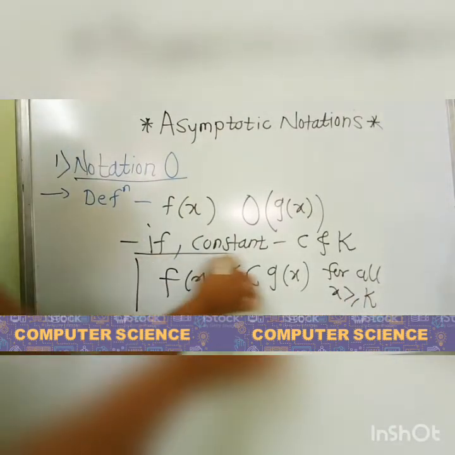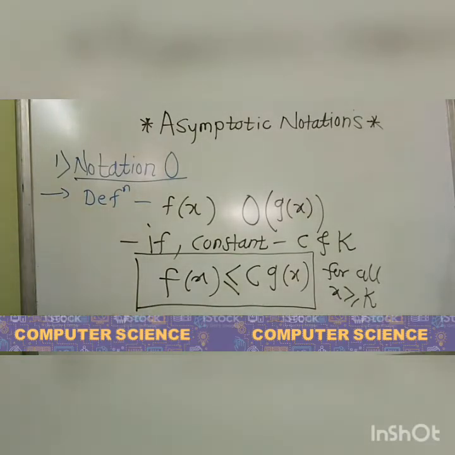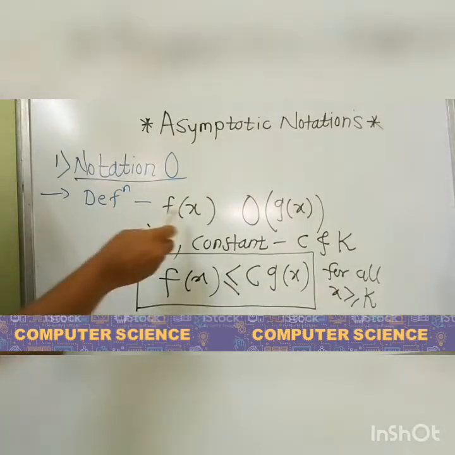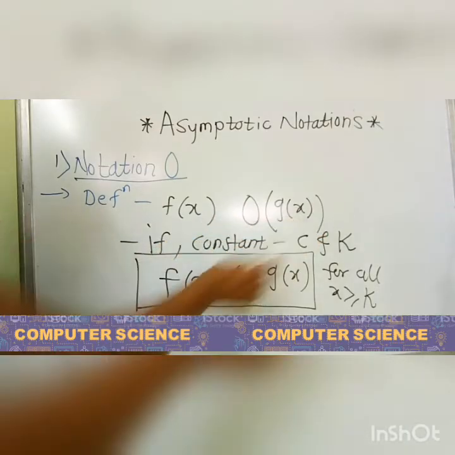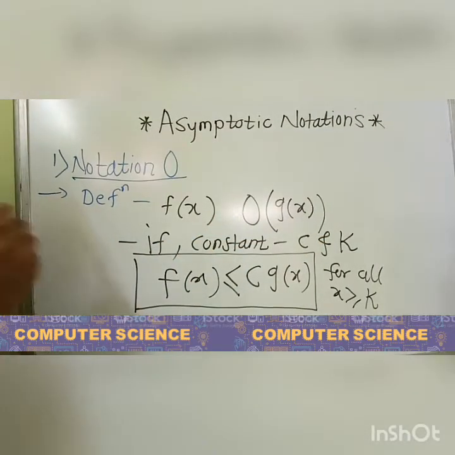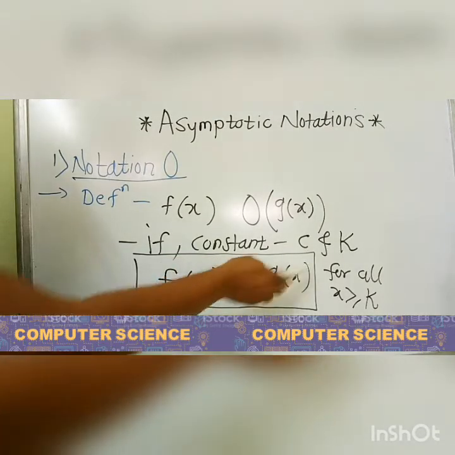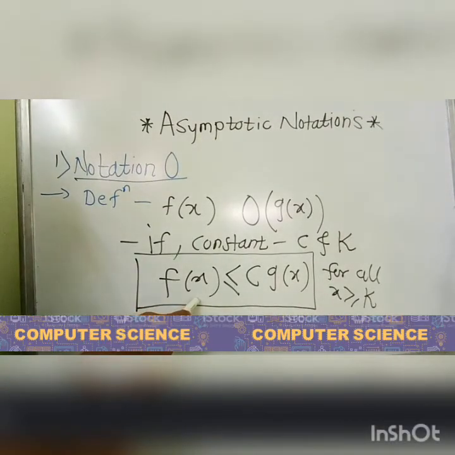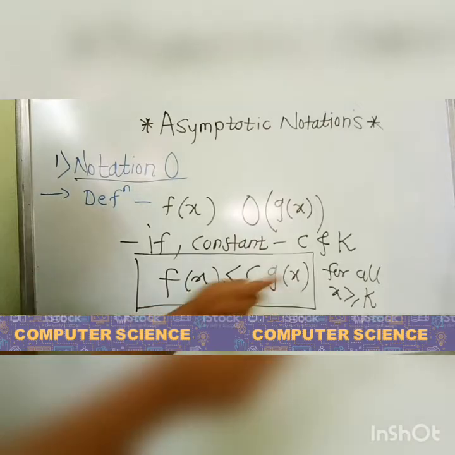You have to consider this situation for big O of any algorithm or any program. I will repeat it again. The function f of x is said to be big O of g of x if there exist two real constants c and k such that f of x is less than or equal to c of g of x.